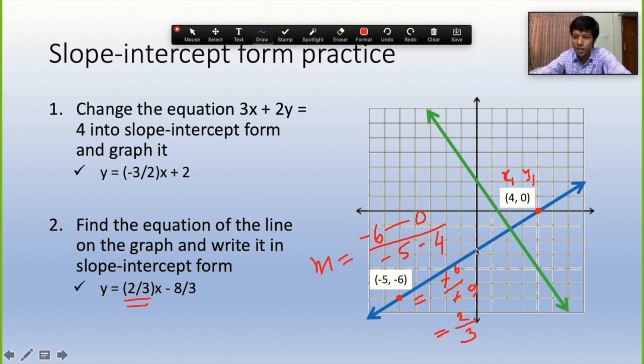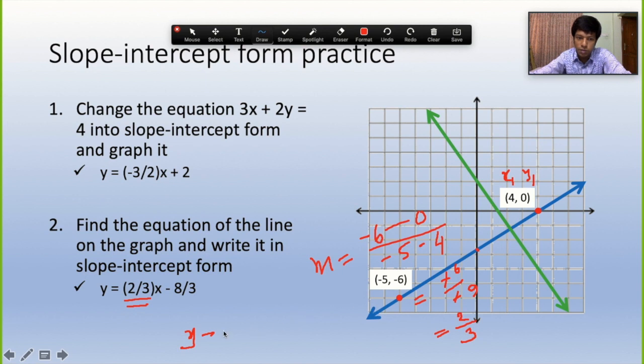You may think, okay, how do I know that minus 8 by 3 is the y-intercept? For that we can just use this form: y minus y1. y1 means we considered this, right?